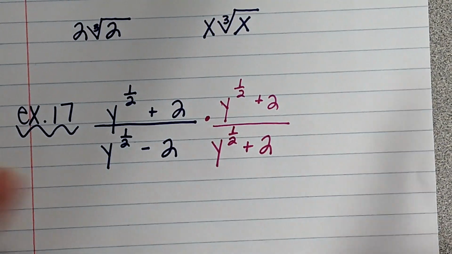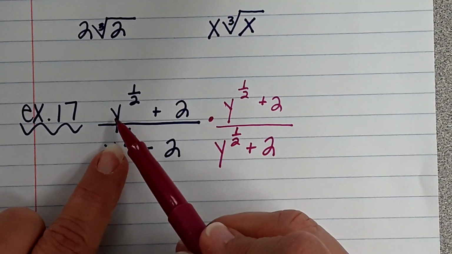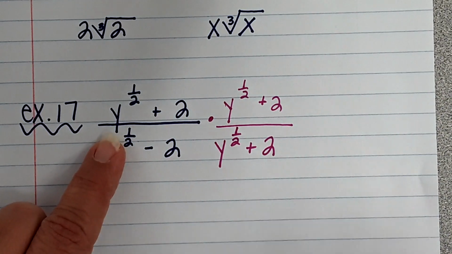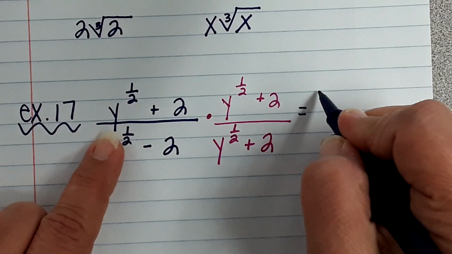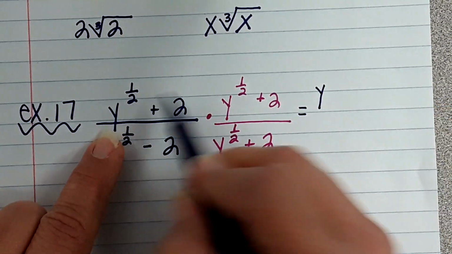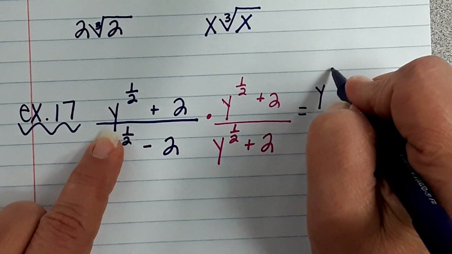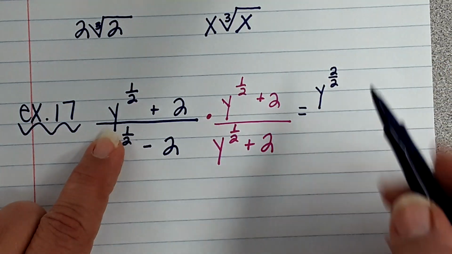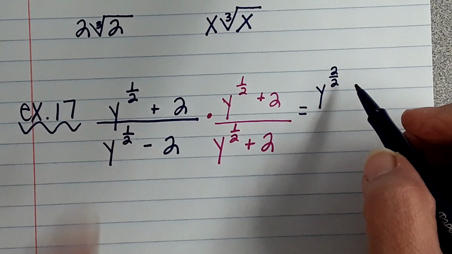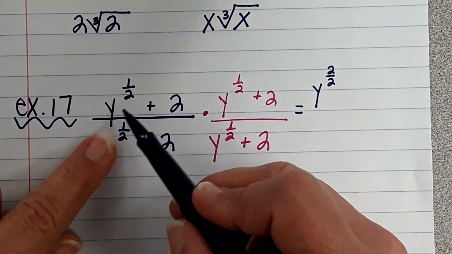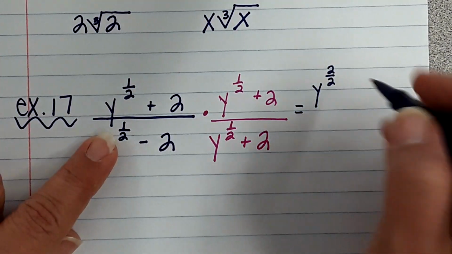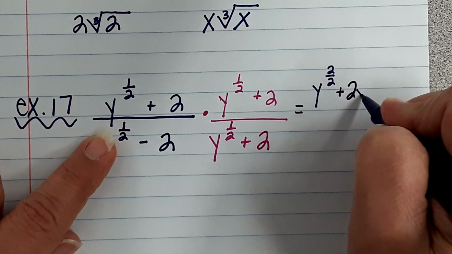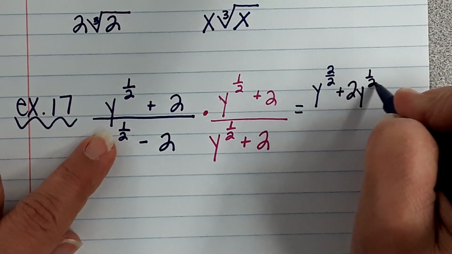So you're going to FOIL the top. You're going to do y to the 1/2 times y to the 1/2. The bases are the same. So you would get y to the 1/2 plus 1/2, which is 2 over 2. 1 plus 1 is 2. Remember, we don't add denominators, even though in first period I did. What's y to the 1/2 times 2? 2y to the 1/2.